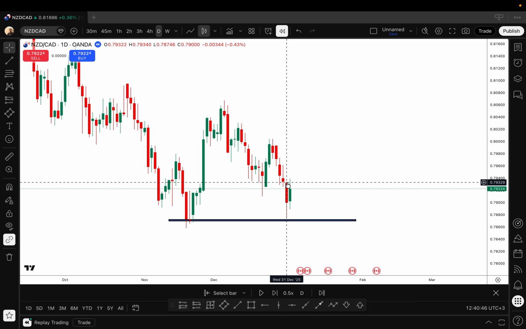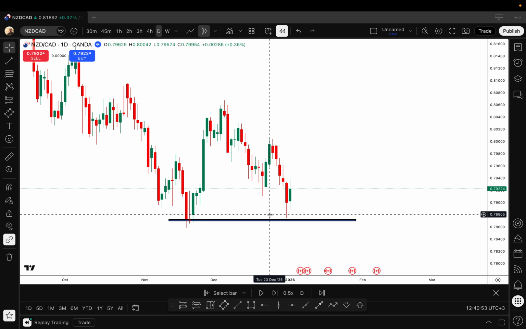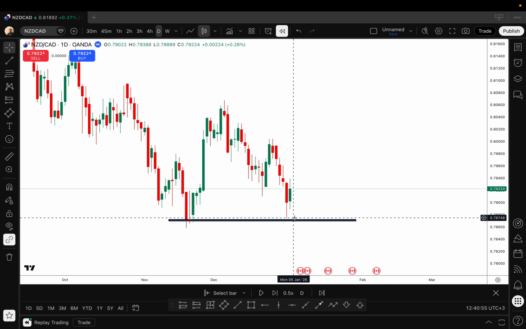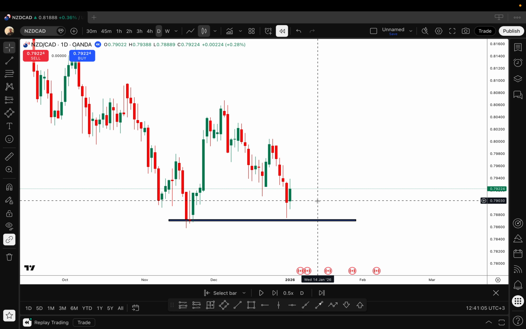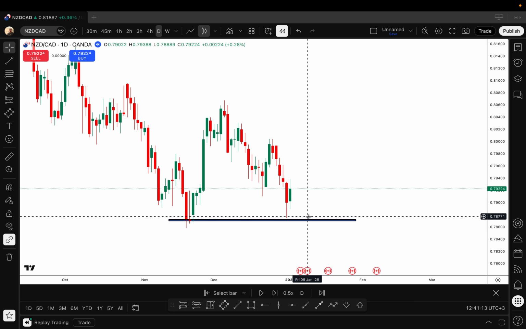When we see a break of structure and a change of character, then we know the zone is already working out. If we don't see that, we just know price is likely going to come back to the zone. I hope you're together. When you go to the medium time frame and you see a change of character, then a break of structure, you know the zone is now strong. However, if you don't see that, just know price is likely to come back to the zone, so be patient for price to come back to the zone.